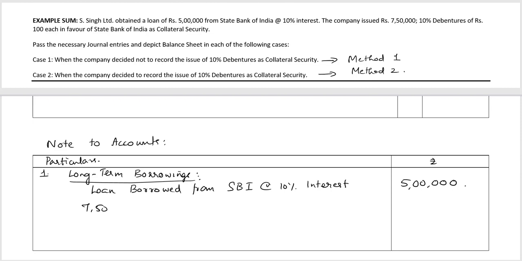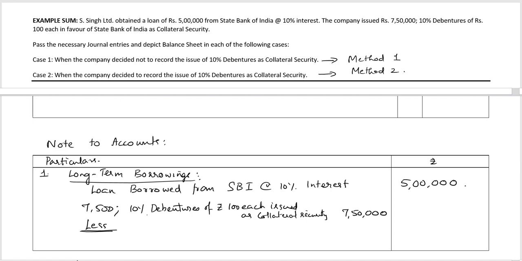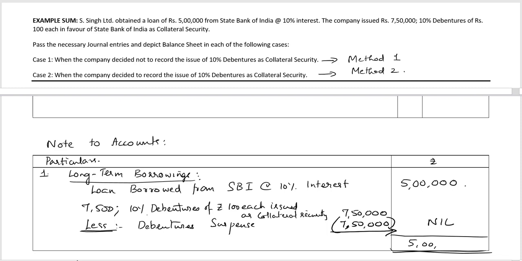We will write 7,500, 10% debentures of rupees 100 each issued as collateral security comes up to 7,50,000 rupees in the inner column, less debenture suspense, we need to deduct 7,50,000 rupees and take the amount to the outer column as nil, and the final amount to be shown against long-term borrowings is 5 lakh rupees.